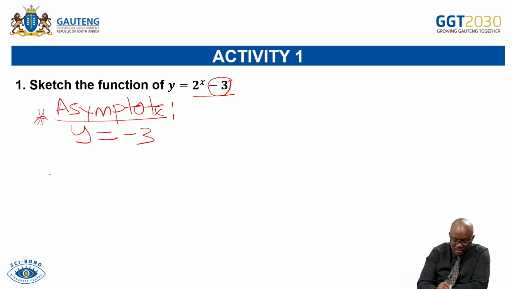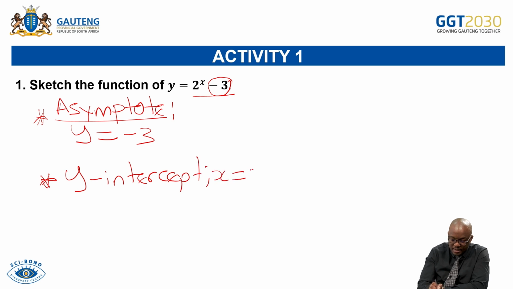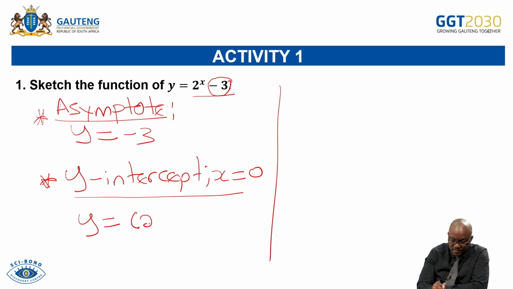Then the second thing that we can look for is your y-intercept. We know that it is where x is equal to 0. So what does it mean here? It means when we're looking for your y-intercept, the value of x needs to be 0.